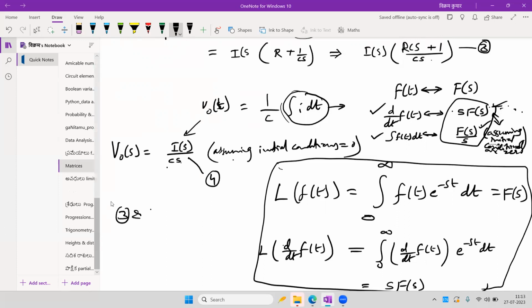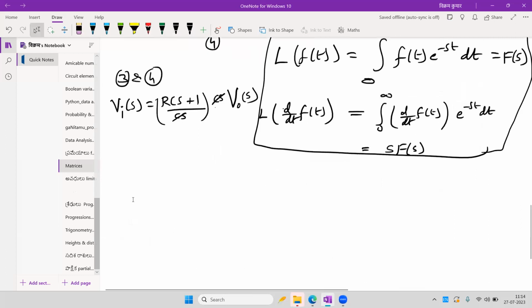Now, from this, I can substitute using equations 3 and 4. I will substitute I of s. Vi of s is equal to RCs plus 1 by Cs into I of s. Instead of I of s, I will put this Cs into V naught of s. Now this Cs will cancel.